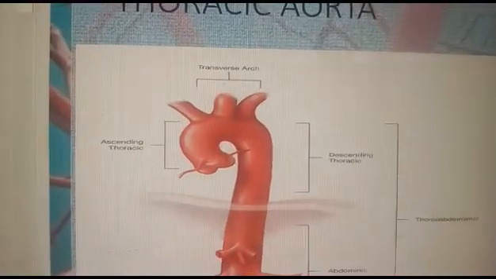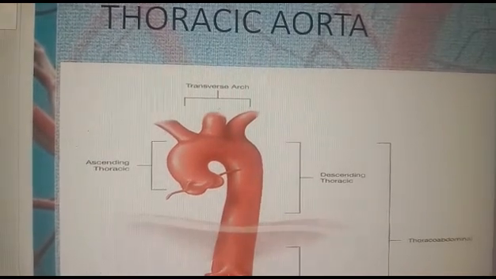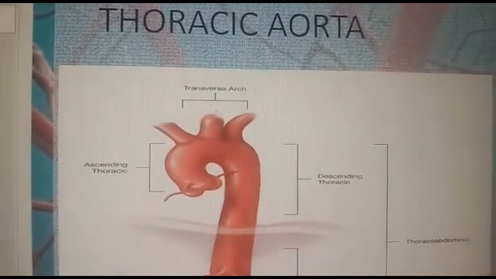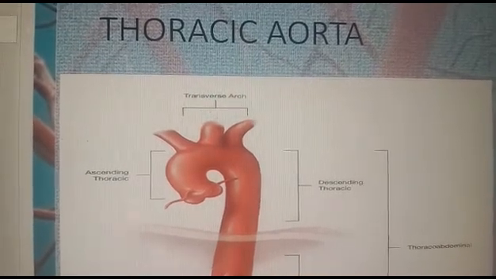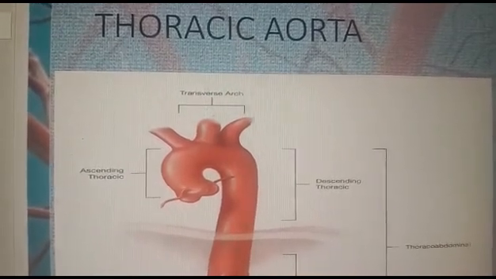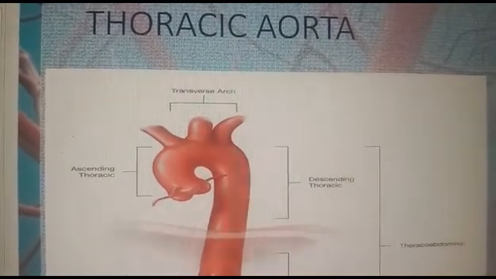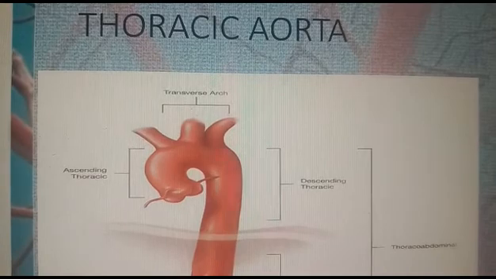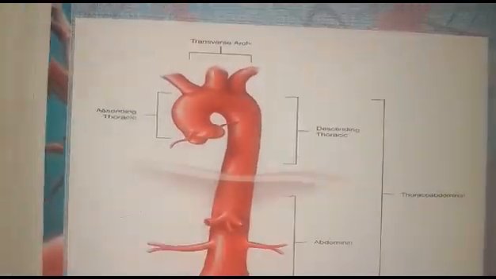The thoracic aorta is a section of the aorta, the largest artery in the body, within the chest. The diaphragm, which divides the chest from the belly, is located at the end of the thoracic aorta, which begins after the arch of the aorta.